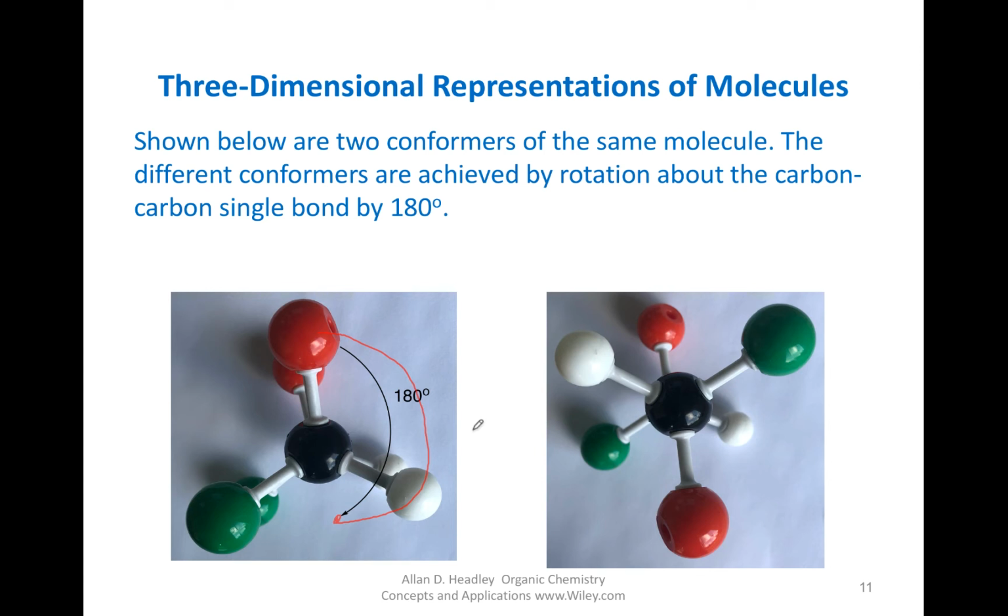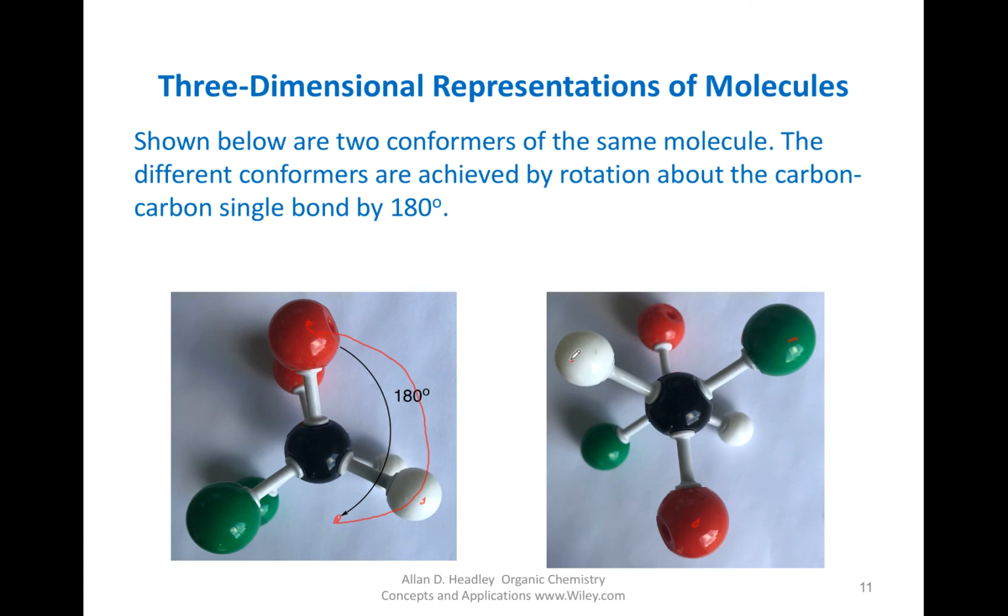After you've done that rotation, this is what you get. This red will be down here, this green will be over here, and this white will be over here. Notice it's 180 degrees, so it's completely turning by 180 degrees.